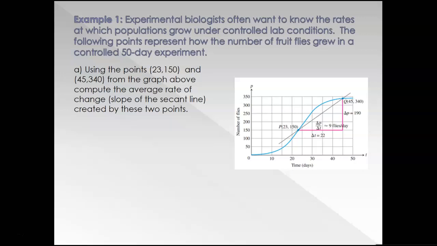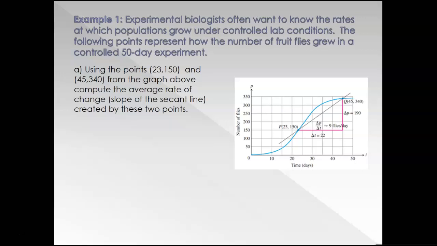The first set of equations we're going to do is to represent the change in growth from day 45 to day 23. So we're going to compare the growth from day 45 to day 23.